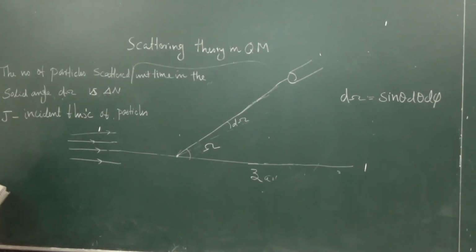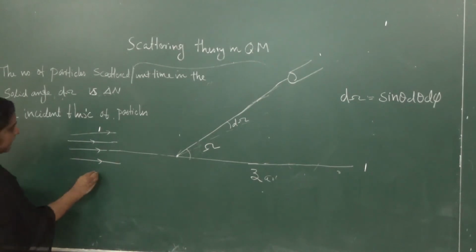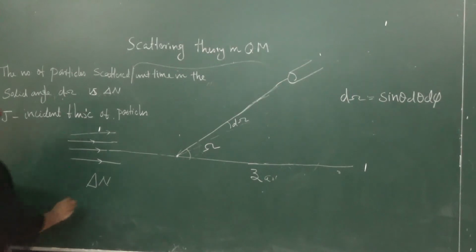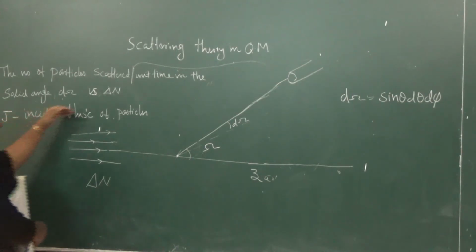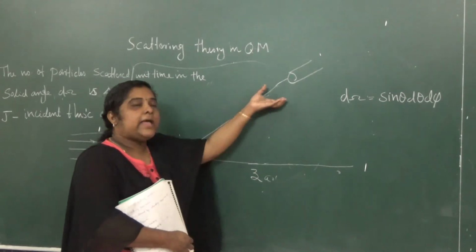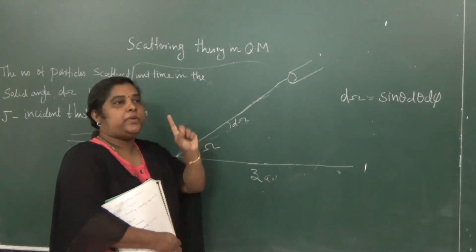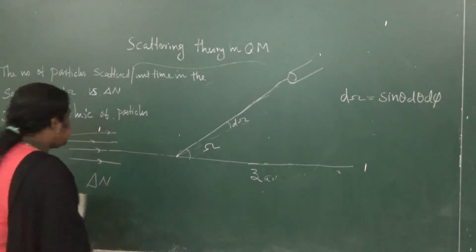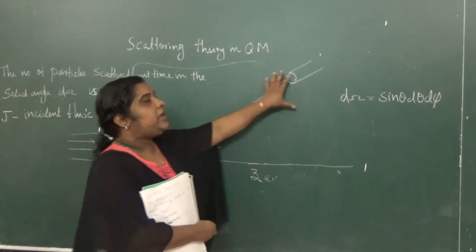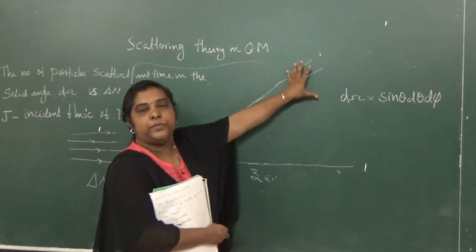Then we can say this delta n, the number of particles scattered per unit time, depends on what? We can say it is proportional to d omega, because if you change the d omega, more particles will be reaching.